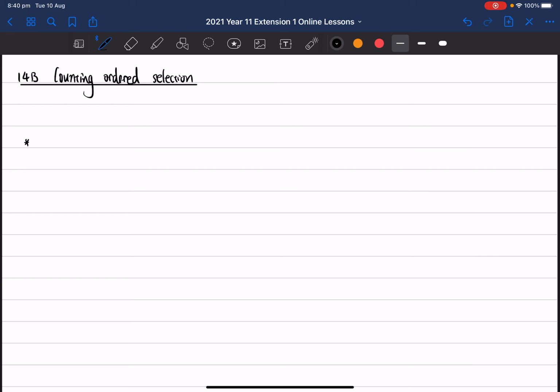Now we've done the multiplication principle in the last lesson, where you multiply the number of different arrangements together. So I'm going to give you a very simple revision here.